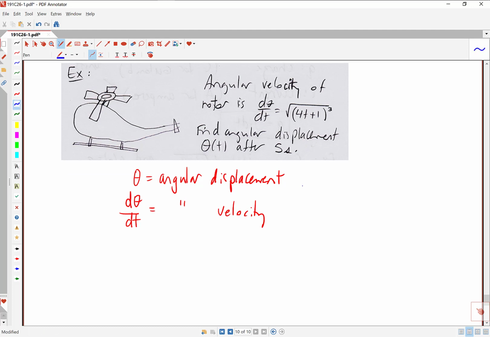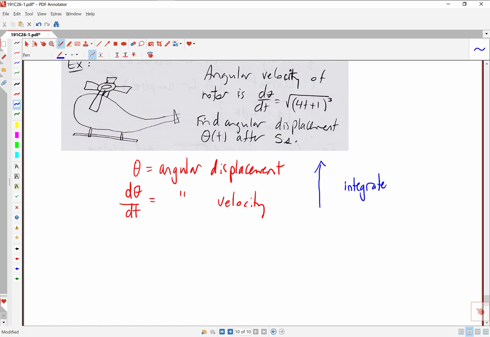Well, remember that if you want to move from velocity to displacement, then what you need to do is integrate. And that's true whether you're talking about regular velocity or angular velocity. So let's see if we can come up with a formula for how to write that down. If we want to figure out our angular displacement, we need to integrate angular velocity.